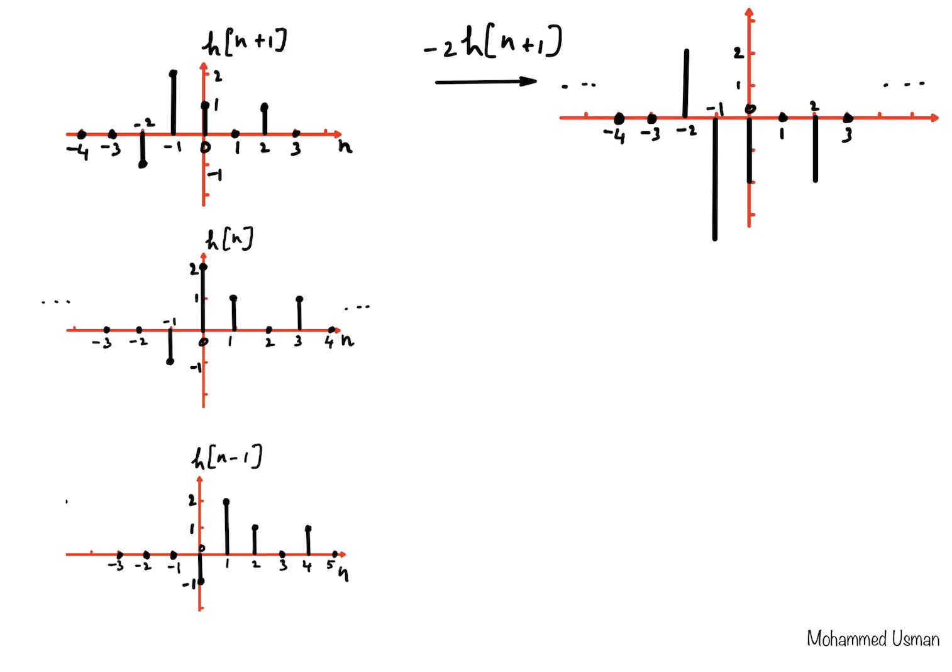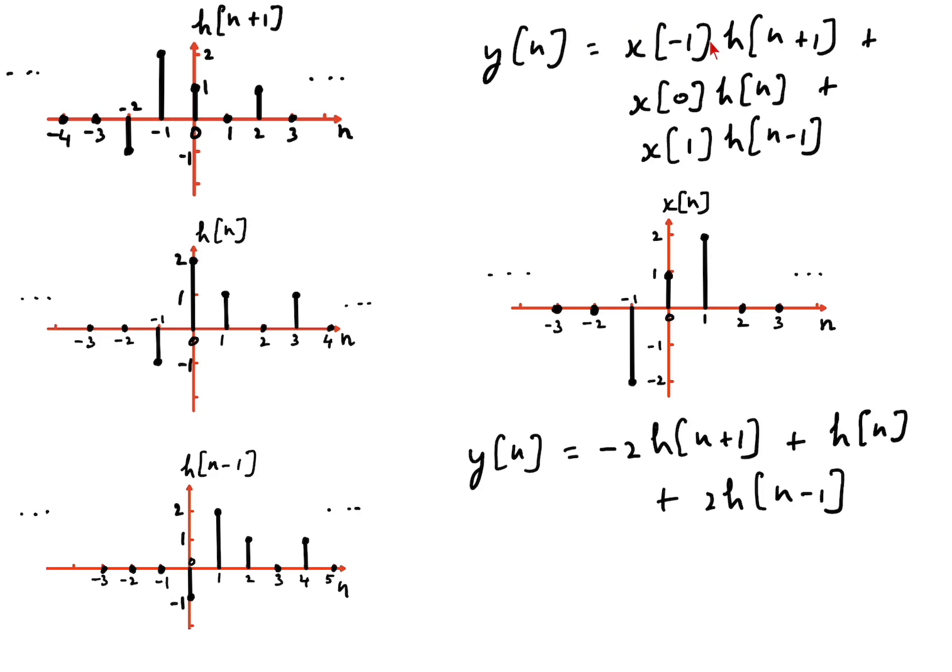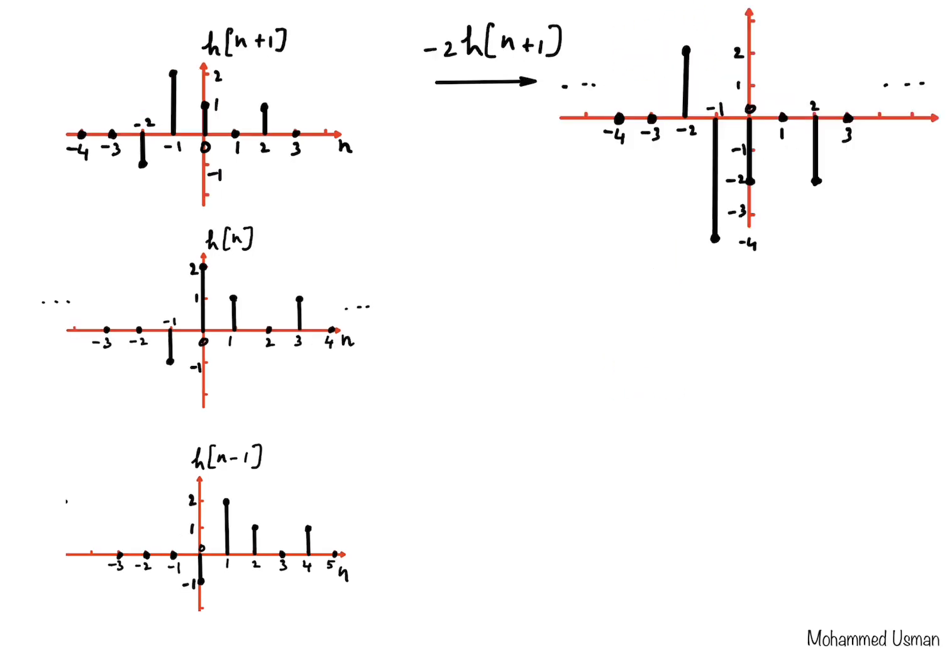And the heights now, when n equal to minus 1, that's 2. So that's minus 1, minus 2, minus 3, and then we'll have minus 4 over here. So we see that this is the scaled and shifted impulse response, where the scaling factor is x of minus 1, and x of minus 1 is equal to minus 2.